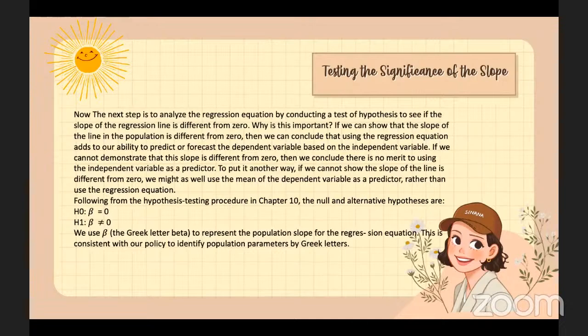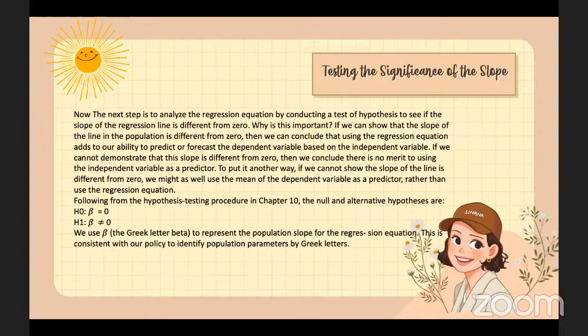Following from the hypothesis testing, the null and alternative hypotheses are H0: beta equals zero, and H1: beta not equal to zero. We use beta, the Greek letter beta, to represent the population slope for the regression equation.